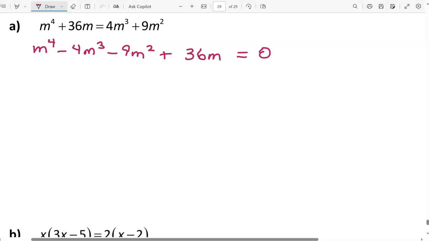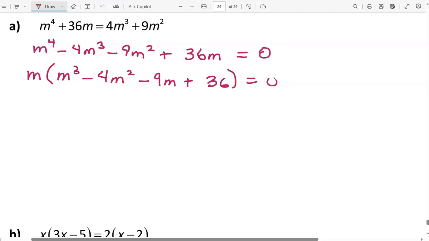This is 4 terms, so we're looking for a GCF, and I can find a GCF first of m. That leaves us with m cubed minus 4m squared minus 9m plus 36. The remaining polynomial in the parentheses is 4 terms, so I'm going to use factor by grouping.